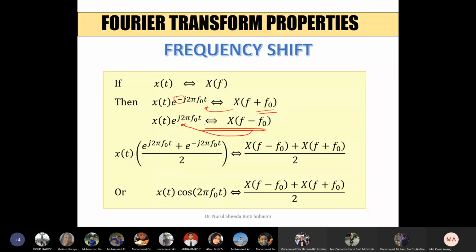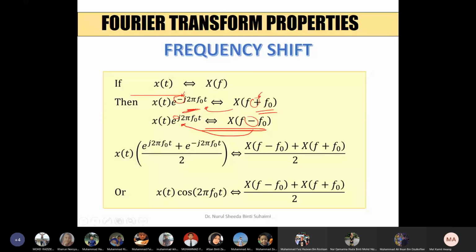See this? Just look at the sign, then basically you inverse the sign in the time domain of this term.